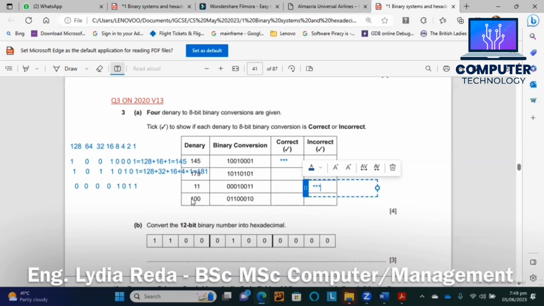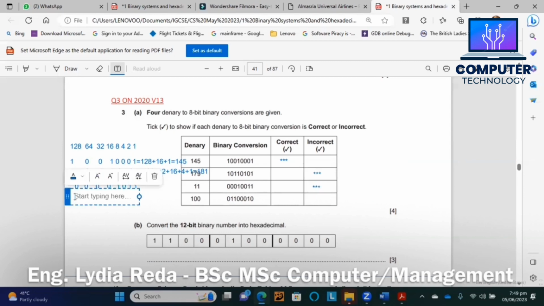Let's go to the 100. Does the 100 contain 128? The answer is no. But does it contain 64? Yes. So it's a 1, and the remainder is 100 minus 64, which is 36.